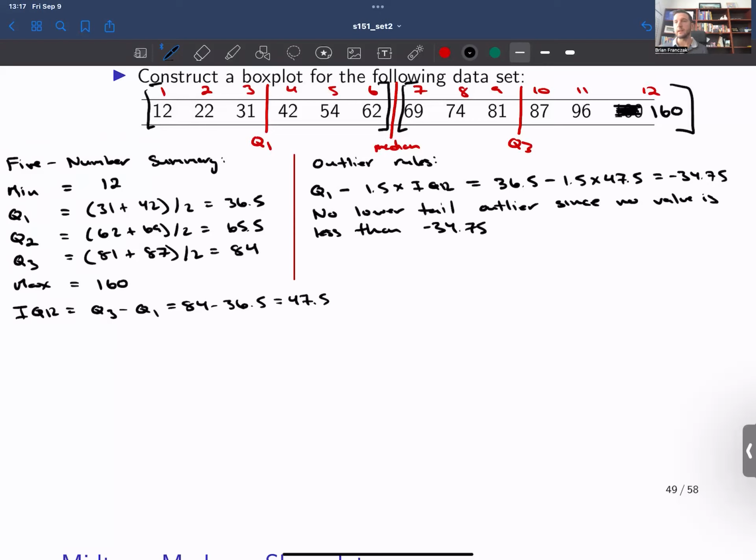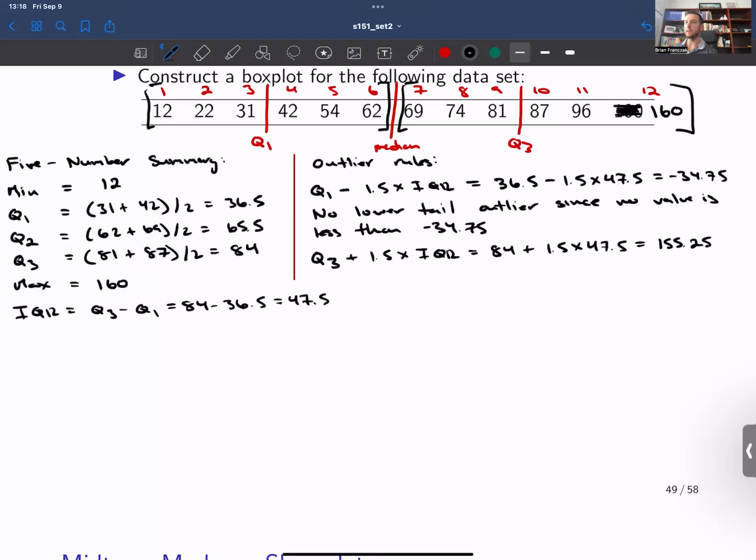Now, we do the same thing in the upper tail, except our rule changes to account for the fact that we are in the upper tail. So the upper tail rule is Q3 plus 1.5 times the IQR. So that's going to be 84 plus 1.5 times 47.5, which is equal to 155.25.